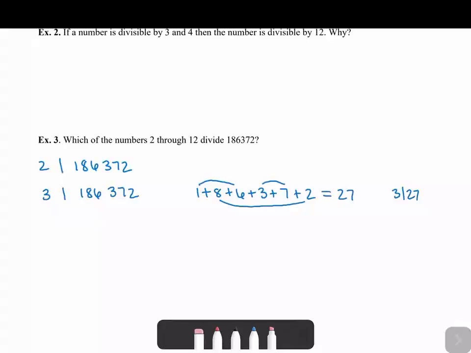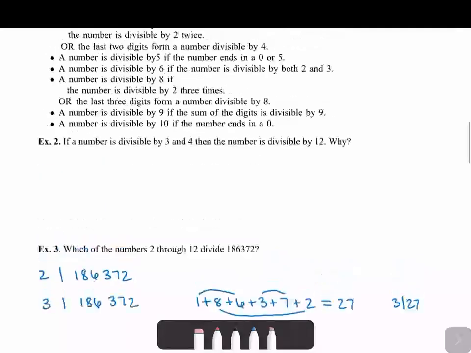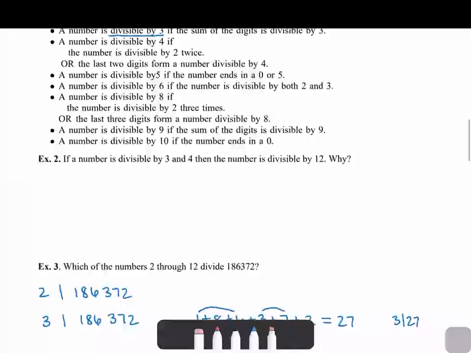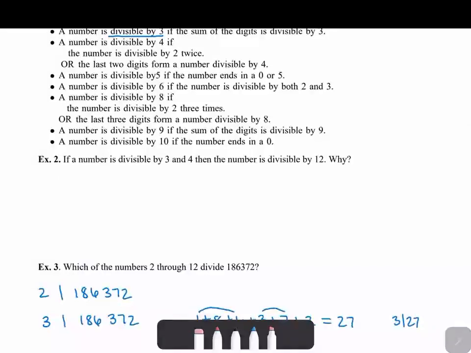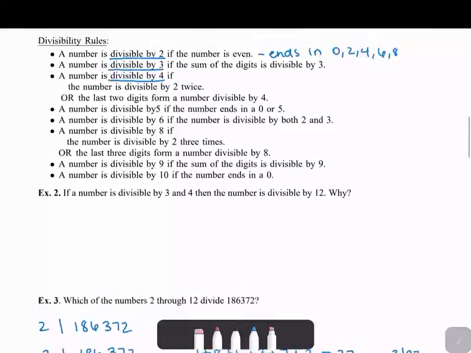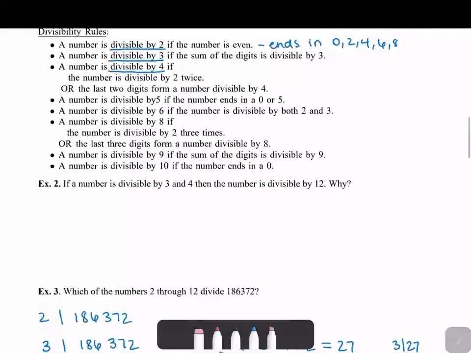Okay, so now the test for 4. There are 2 different tests for 4. It's divisible by 4 if it's divisible by 2 twice, right? And that makes a lot of sense because 4 is just 2 times 2. Or, the last 2 digits form a number divisible by 4.